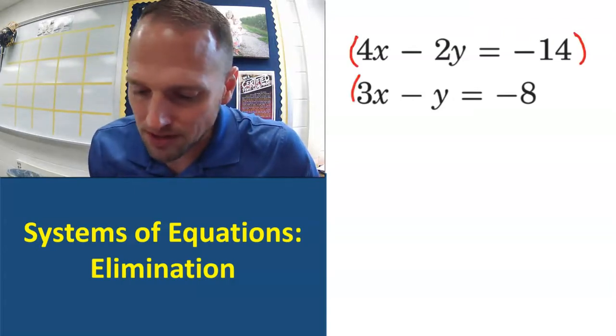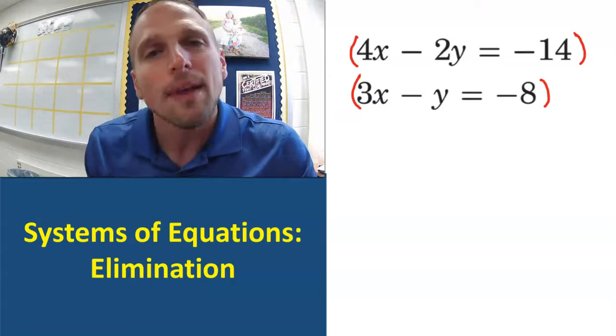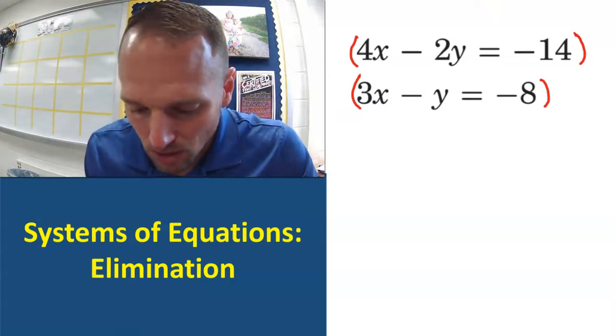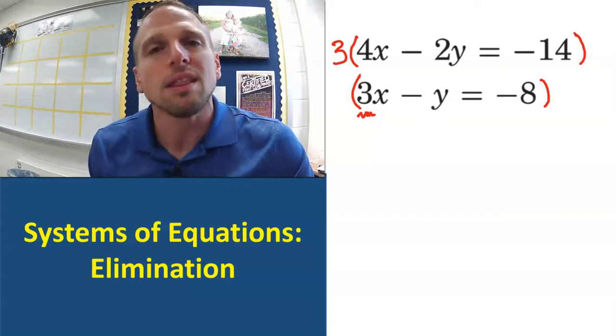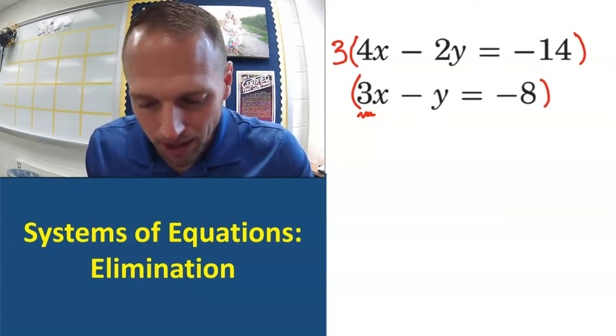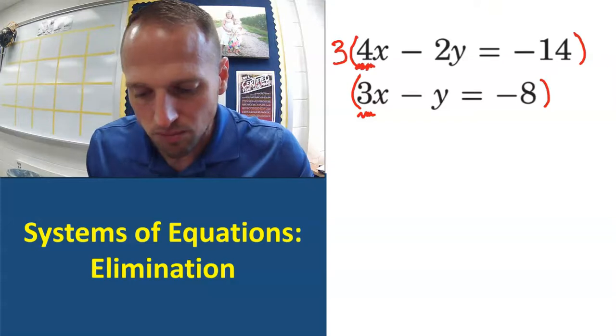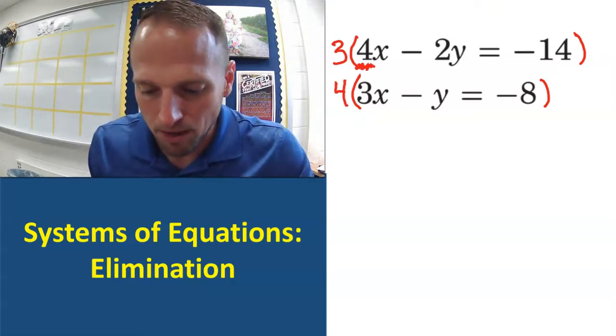I'm going to multiply the top by the bottom and the bottom by the top. When I say that, I mean I'm going to multiply the entire top equation by the first number of the bottom equation, which is a 3. And then I'm going to multiply the bottom equation by the first number in the top.